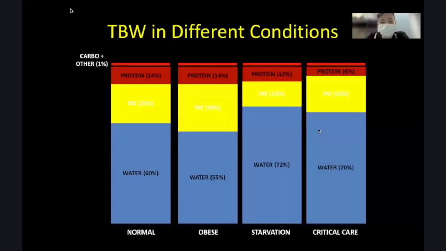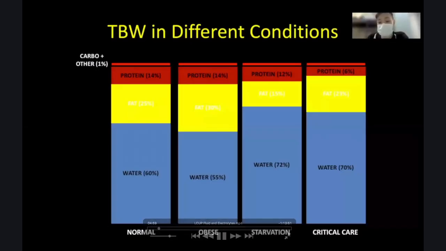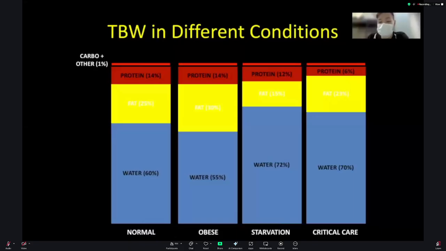So this table shows the total body water in different conditions. As you can see, you have a normal state, an obese state, a patient that is starving, and a patient in the critical care unit. More often than not, these patients in the critical care unit are immunocompromised or have severe conditions warranting intubation and multiple medications.